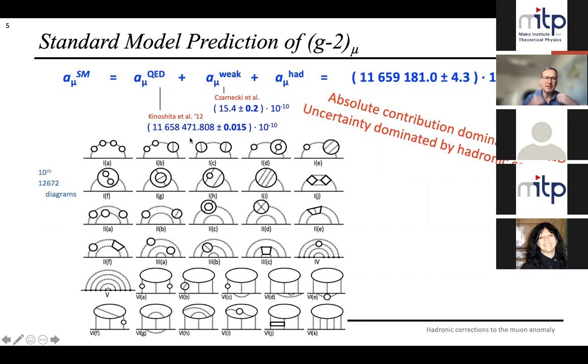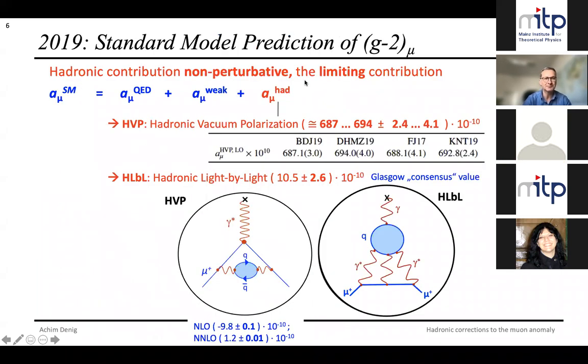That means that the central value is essentially given by QED. However, the electroweak contribution is known much more precisely. This is due to the fact that these QED predictions have been calculated up to 5 loops, so with enormous accuracy. And therefore, the bottleneck in the accuracy of the standard model is entirely given by the hadronic contribution.